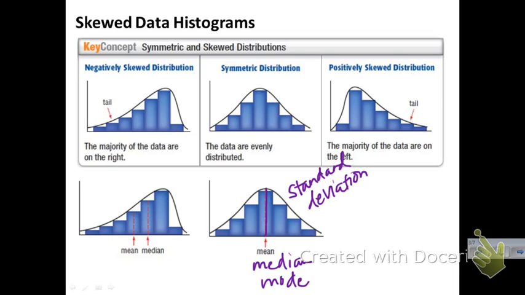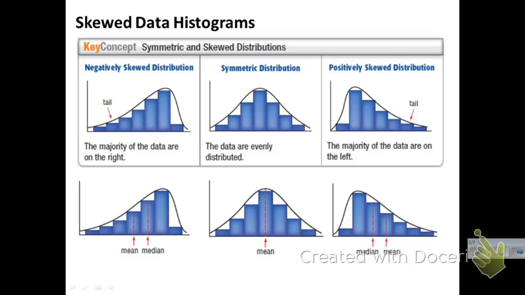That'll tell us a lot more about our data than anything that would be skewed. And then again here, this would be positively skewed, and if you notice, our median here is before the mean, and the majority of our data is on the left.